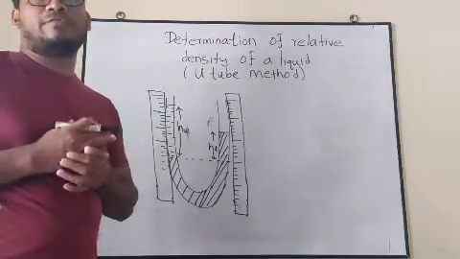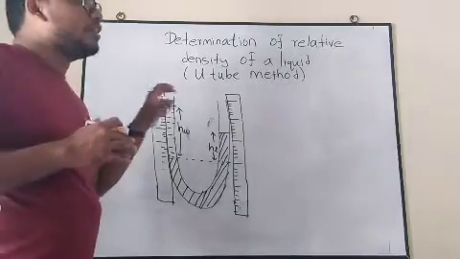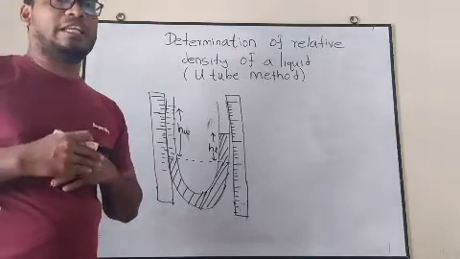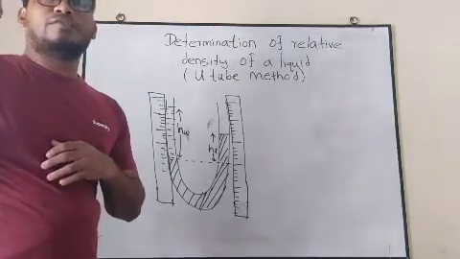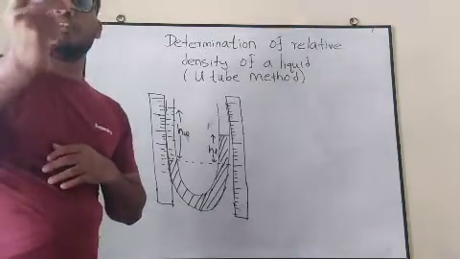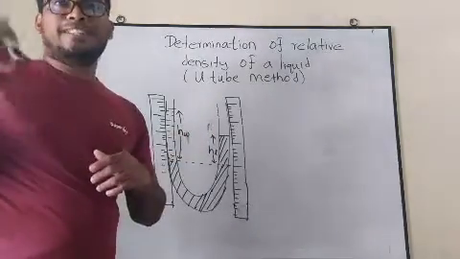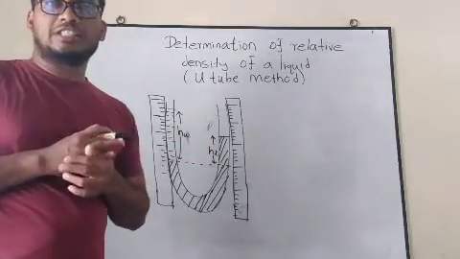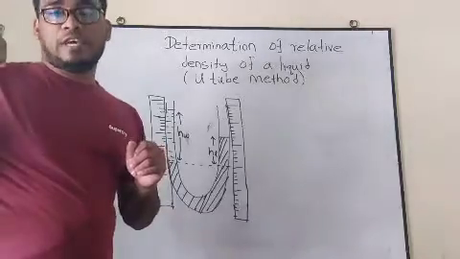If you want to go to the graphical method, we need more readings. If you change one variable, the other variable also gives a different reading. But if you add more of the denser liquid, it doesn't make any change in the reading. That's why we have to add the less dense liquid.